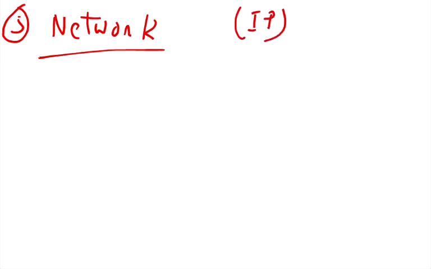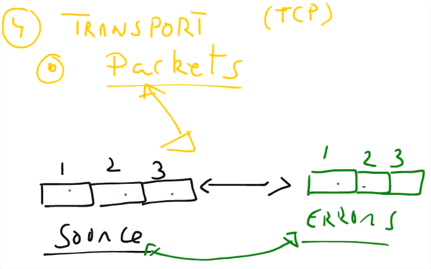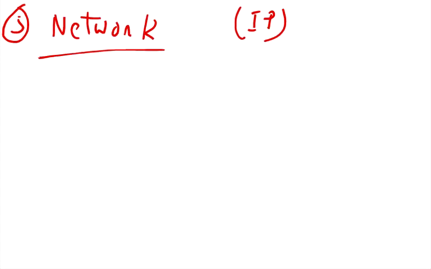The transport layer is the connection oriented layer, and the protocols working on the transport layer are called connection oriented protocols because they need a connection between them. And the network layer protocols, for example the IP protocol, internet protocol, are connectionless protocols.